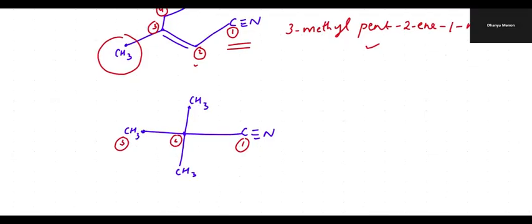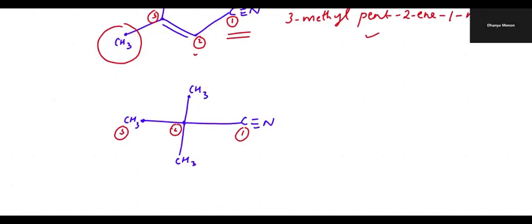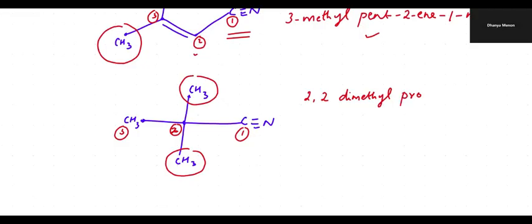Definitely you have 2 methyl substituents at the 2nd carbon atom. So what would be the name? 2,2-dimethyl. And how many carbon atoms are there in the straight chain? Propane. You can just write propane nitrile, or you can write propane-1-nitrile because the nitrile is at the 1st position. So this is the name of the compound. Okay.